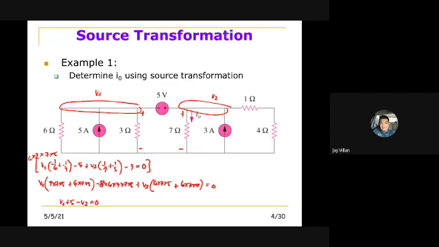Our aim here is to solve for V2, because IO is just equal to V2 over 7. This is minus V1 plus V2 is equal to 5.